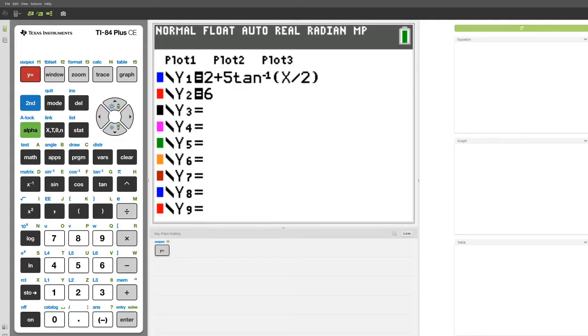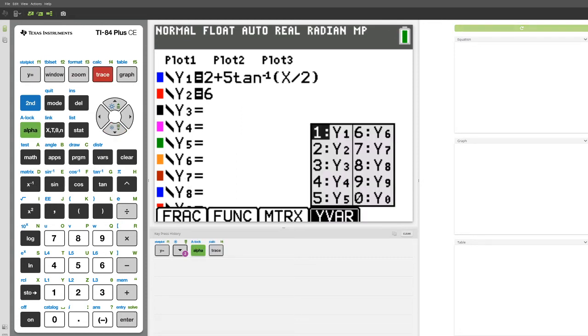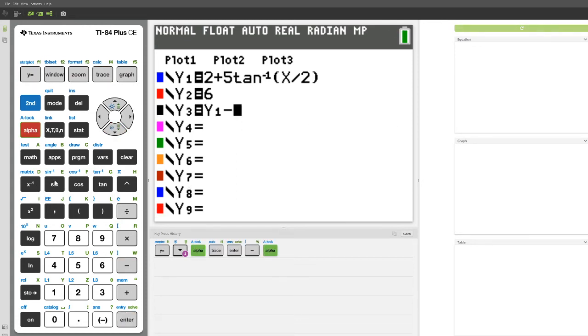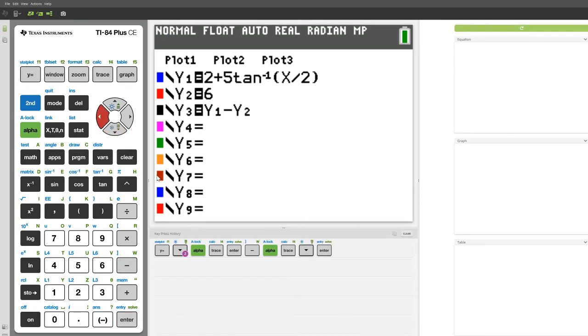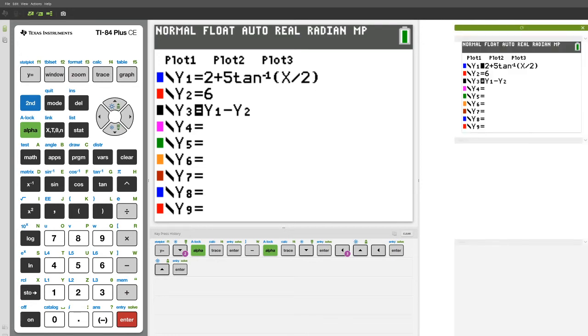If you have these two in your graphing calculator, if you go down to y3, you can put y1 minus y2. And then if you don't want to see the other graphs, if you go to the equals and hit enter on it, it'll unhighlight the equal sign. And when I go to look at the graph, it won't be on.